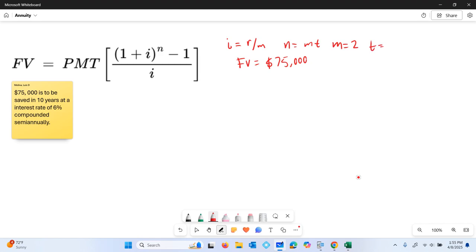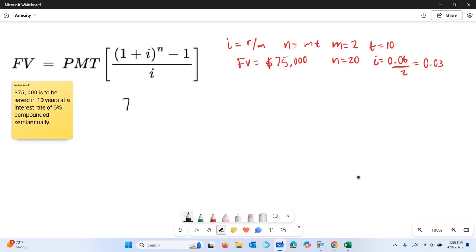T would be equal to 10, so N is equal to 20. But notice that here I is equal to the percentage rate of 0.06 divided by 2, which is 0.03.